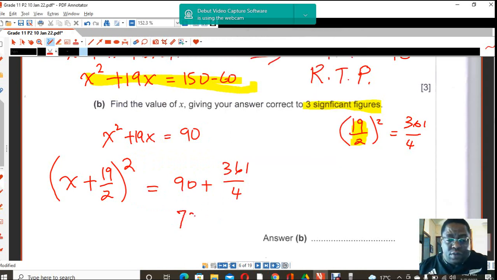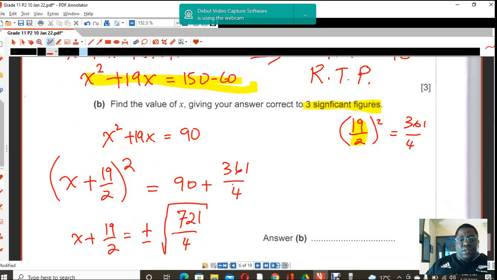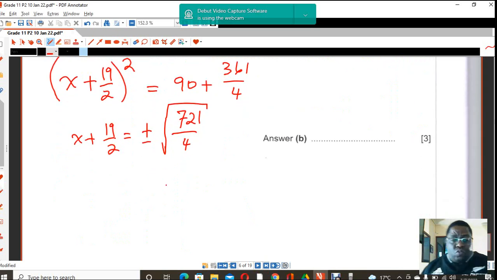So you have got 721 over 4, and now you can actually get rid of that little square by taking the positive and negative square root. So we are going to say that equals positive or negative square root of your answer. Once you do, you will have 2 values to deal with.